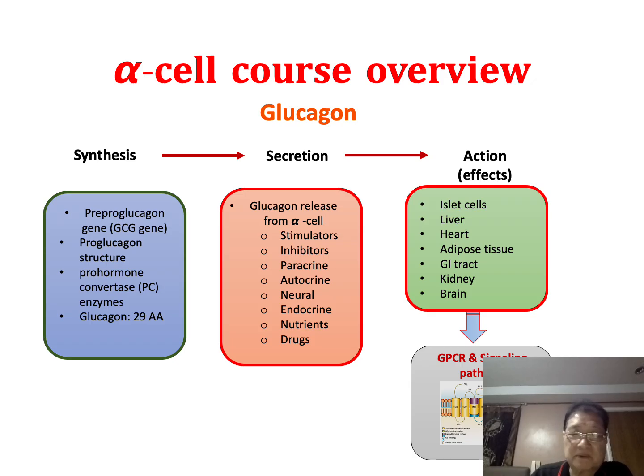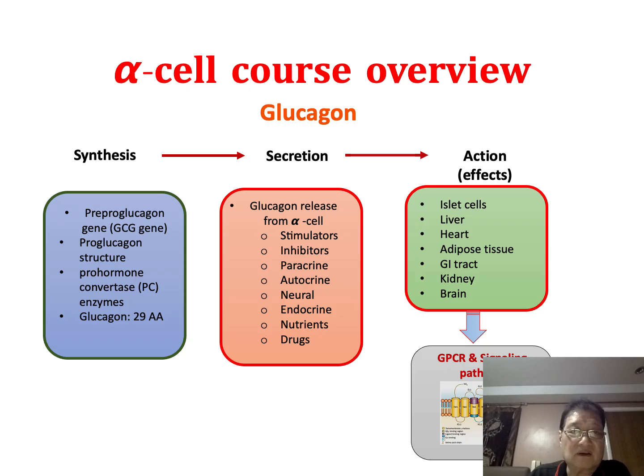For example, in alpha cells, it splits off a 29 amino acid hormone called glucagon.